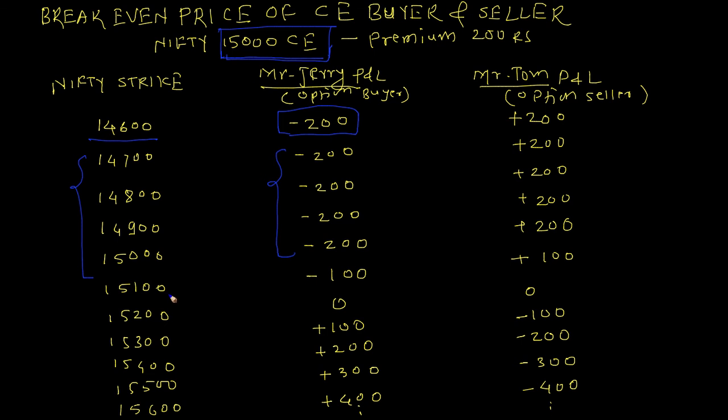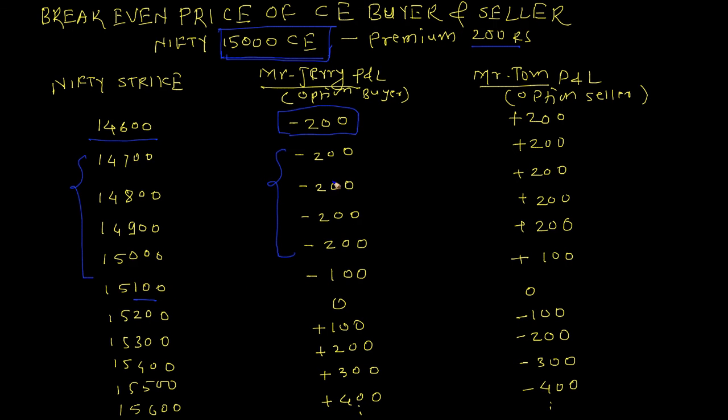But if the Nifty trades at 15,100, I have the coupon. I can buy Nifty at 15,000. And at that time, my profit and loss: I have already paid 200 as the premium, and I'm getting 100 rupees profit by using this right, as I'm getting Nifty for 15,000.